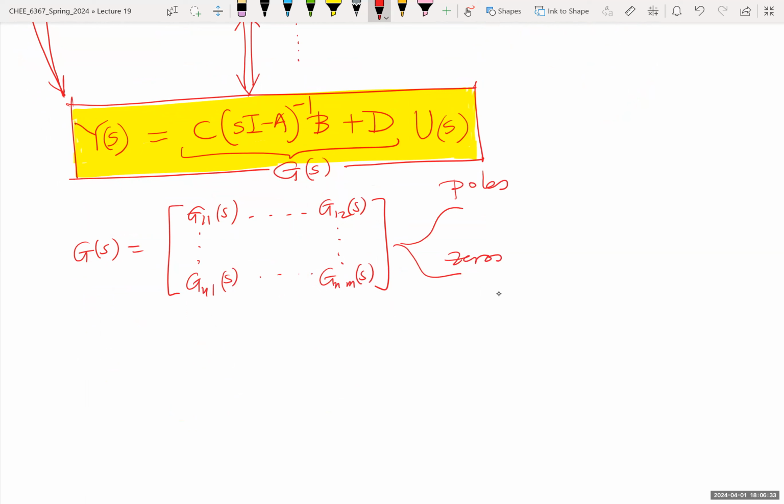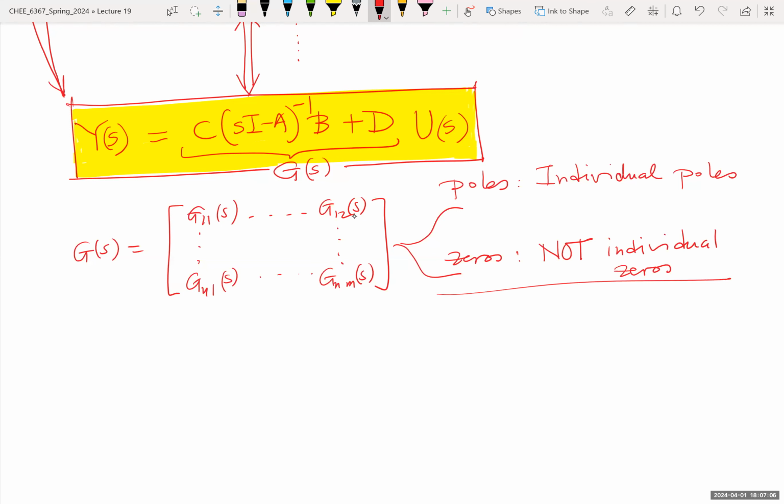The poles are easy in the sense that you take the individual poles, and those constitute the poles of the transfer matrix. So take each one of these transfer functions, find the poles. Those are the poles of the transfer matrix. The zeros are not the individual zeros, and I'll explain shortly why that is. Those are not the individual zeros.